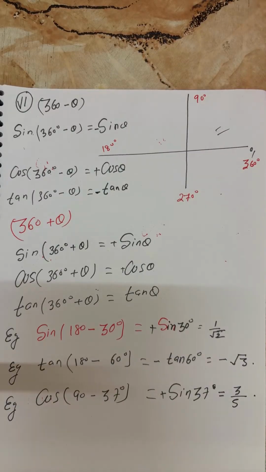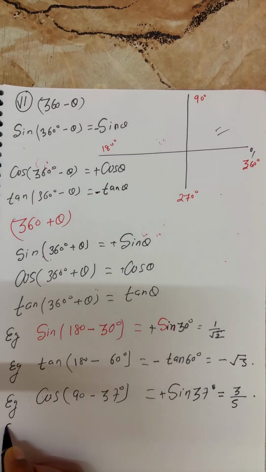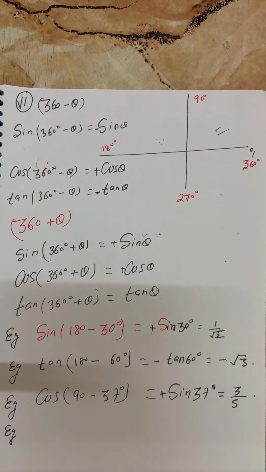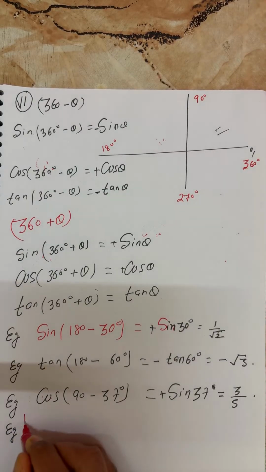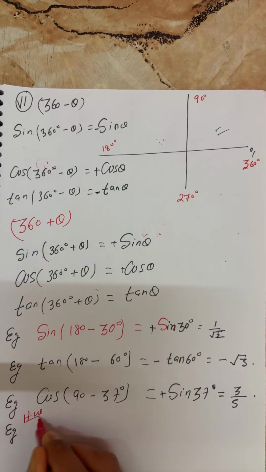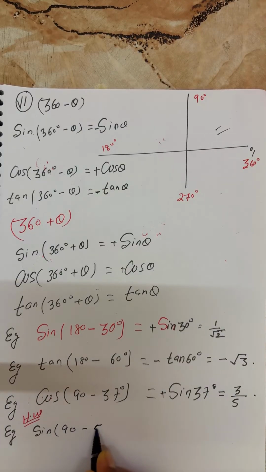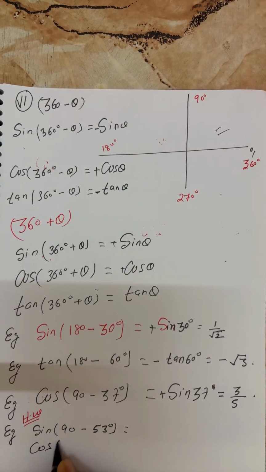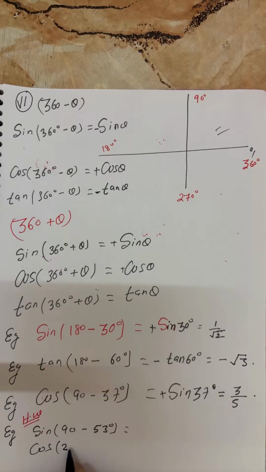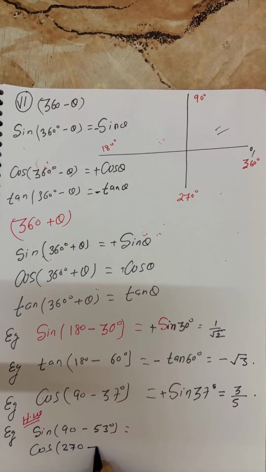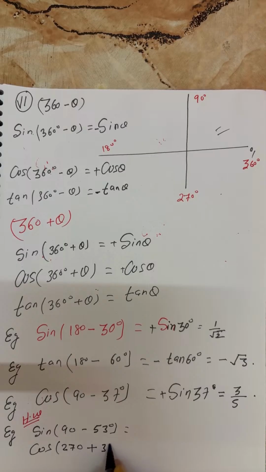Now, I'm giving you a few home assignment problems based on this. You can do them at home and submit to me. Now, students: sine 90 minus 53. Next, beta, cos 270 plus 37 degree.